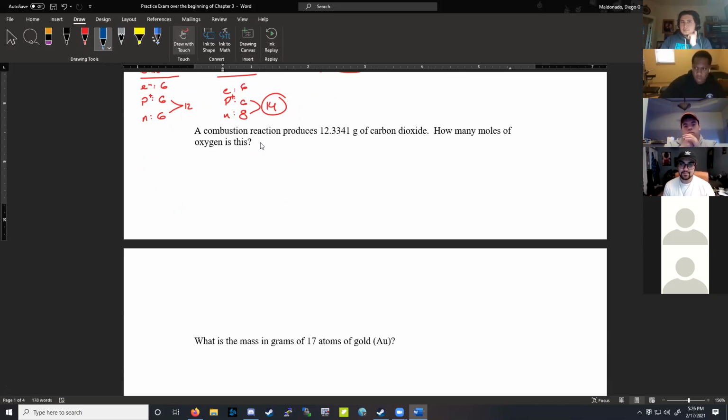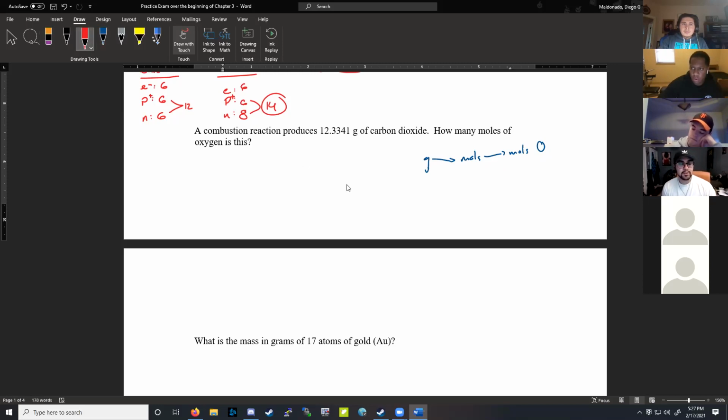Noah already named a portion of our process, so we're converting from grams to moles. But after this, what do we have to convert to? The ratio of oxygen to carbon dioxide in moles. Yes, we're using our molar ratio in this process.